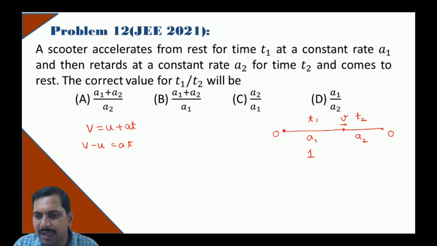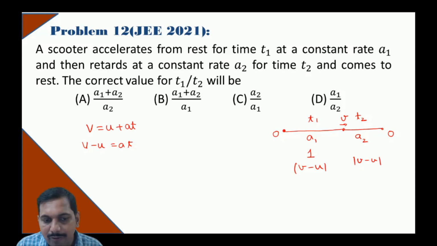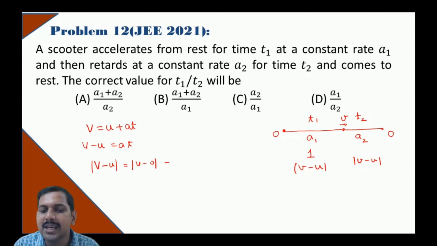So the first half increases by v minus u, and the same amount it decreases by v minus u. We will take the magnitude so that we don't have to worry about plus and minus. So the magnitude of v minus u, which is v minus 0, is equal to a t, either a1 t1 or a2 t2.